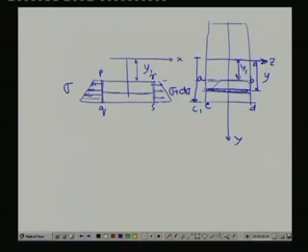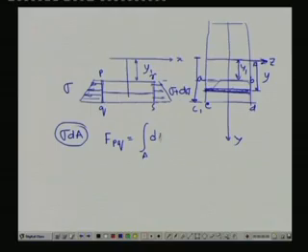On this small elemental area, it is sigma into dA. So the total force on side PQ will be the integral over the area, with the limits from y1 to C1, of sigma dA.